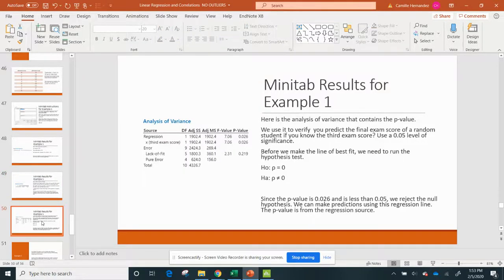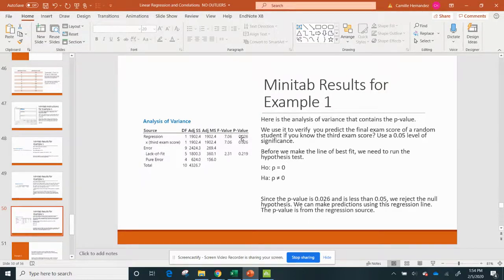So I need to keep going now. I'm not done yet. I really need to see if it's significant. Again, the first step is the hypothesis testing. And remember, for regression, your null is that there is not a significant correlation, and the alternative is that there is a significant correlation. I'm looking at this p-value here where it says regression.